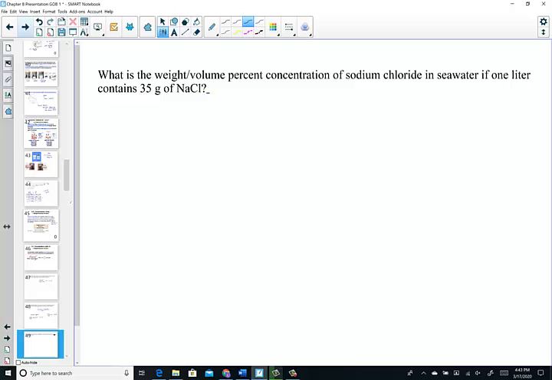How about another? What is the weight volume percent for sodium chloride in some seawater, if 1 liter contains 35 grams of sodium chloride? Well, the trick here is that we don't really want 1 liter down here. Instead, we have to have a milliliter. And so just keep in mind that this is the same as saying 1,000 milliliters. And we're going to then express it as a percent.